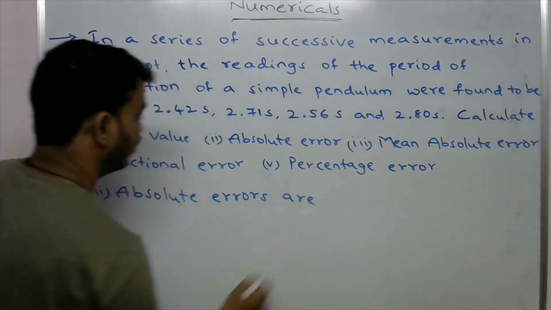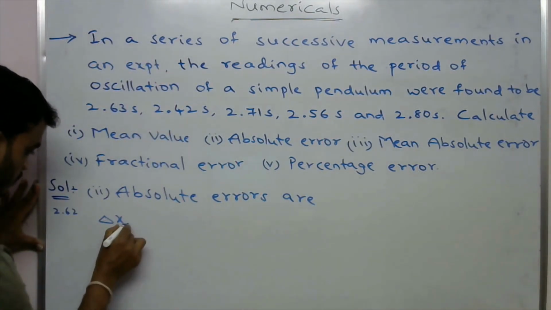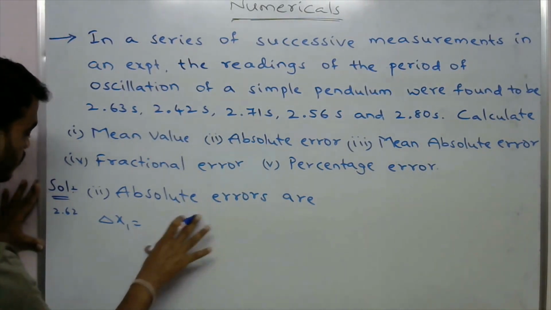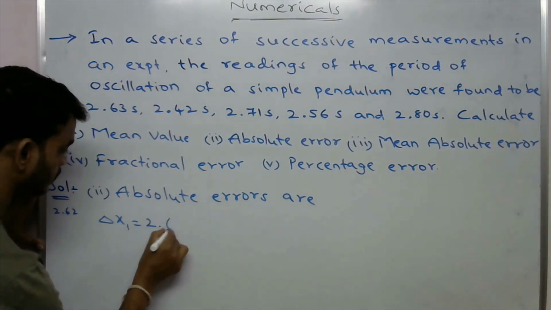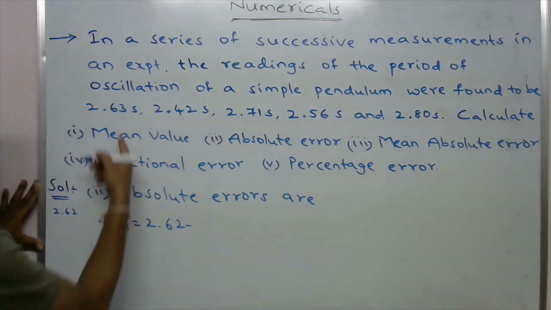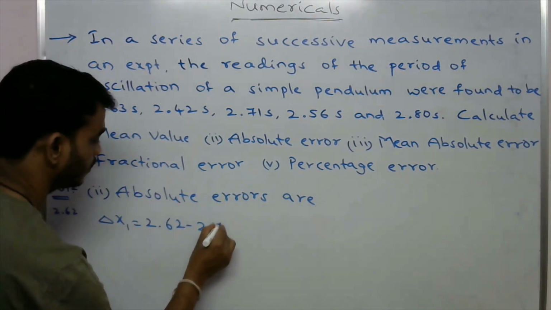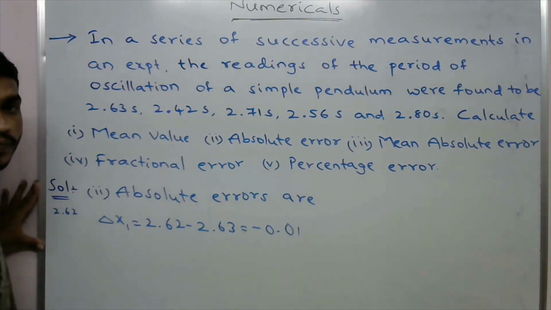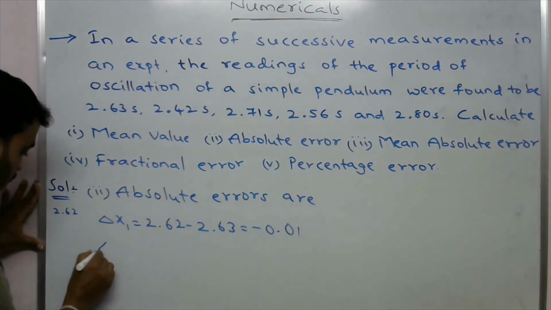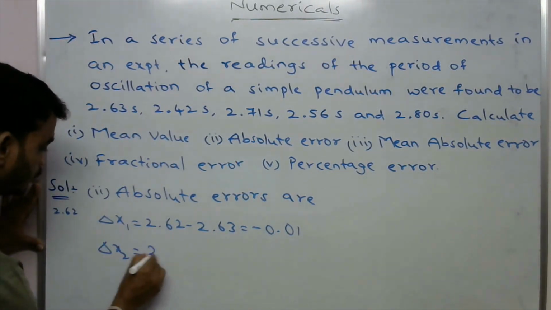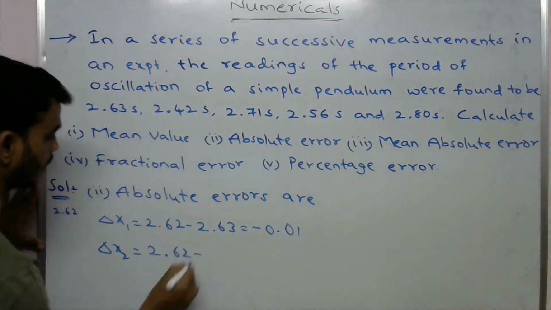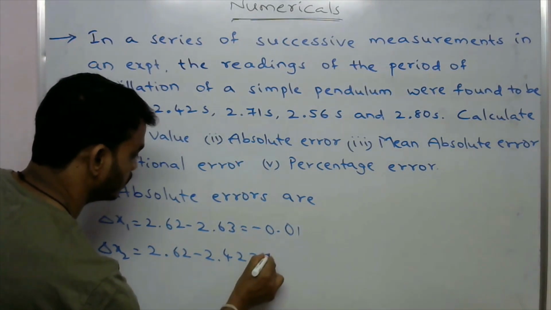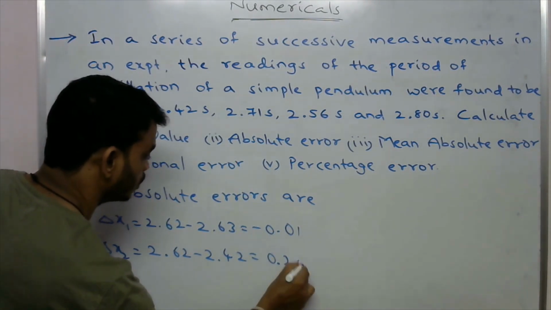Delta x1 is equal to x minus x1, that is 2.62 minus the first value 2.63, so minus 0.01. And the second, delta x2, is equal to 2.62 minus 2.42, so that is 0.20.